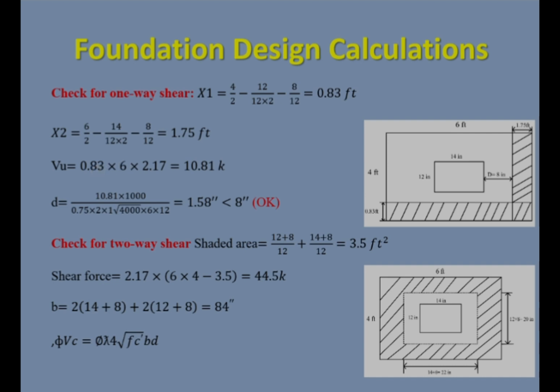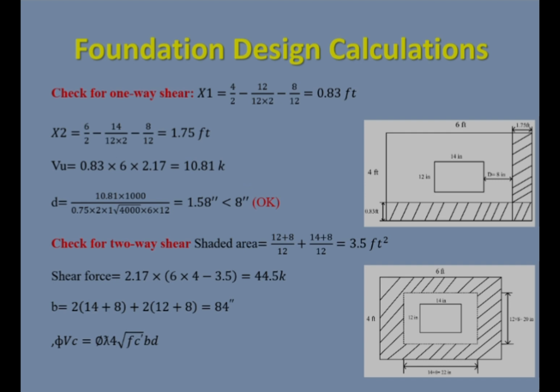We multiply it by QU. After that, we are getting the shear force on that area, and this is the shear force equation. We just manipulate it to get D outside. So we can see that D is 1.59 inches, which is less than 8, so this is okay.